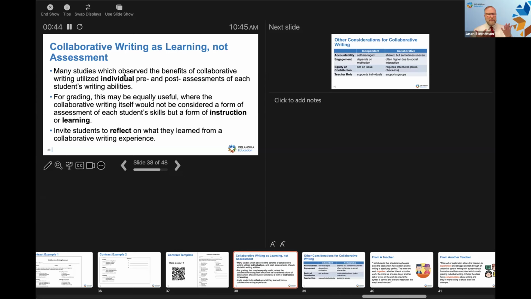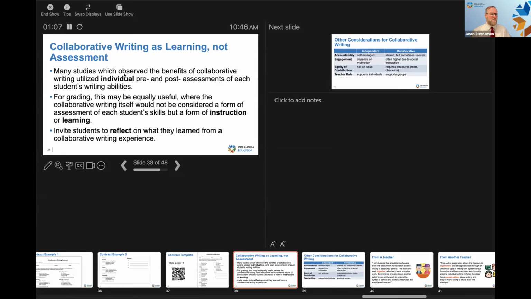So for grading, this might be useful where you would consider the collaborative writing itself as a form of instruction or student learning, and less for assigning a grade and making all students share the same grade based on what the collaborative writing piece ended up looking like.